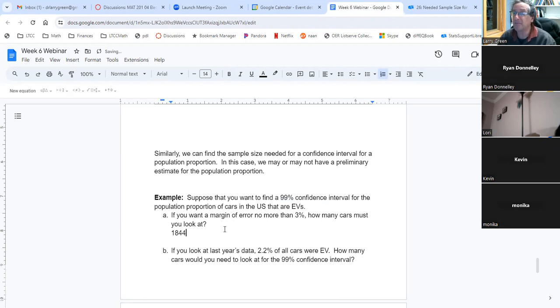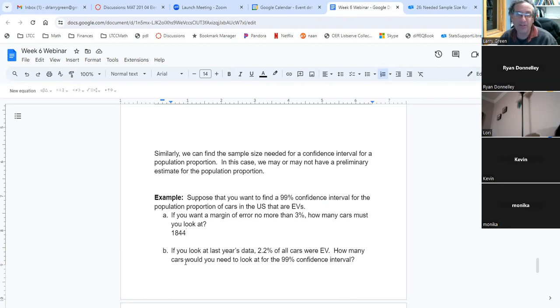Any questions? Any questions? All right. The second question, if you look at last year's data, I actually went online and looked. 2.2% of all cars are electric vehicles.